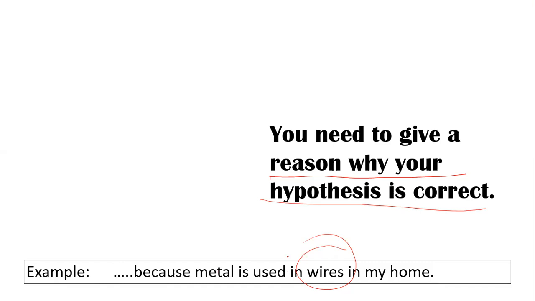So those are your basis, meaning you do not make a hypothesis at random. You have the basis in making your hypothesis. And it should be based on logic, well thought out, and best of all, with common sense. Okay? So take note that in making a hypothesis, it should be based on logic. It should be based on reasoning, well thought out.